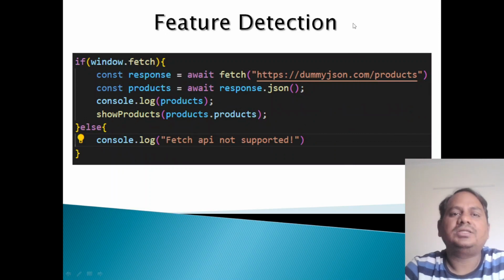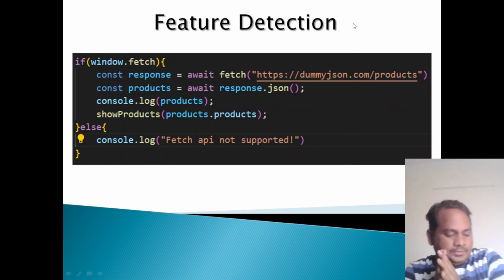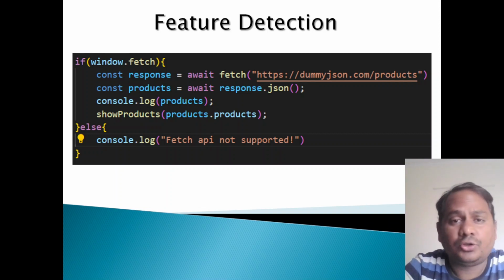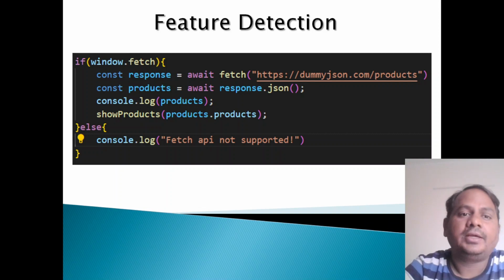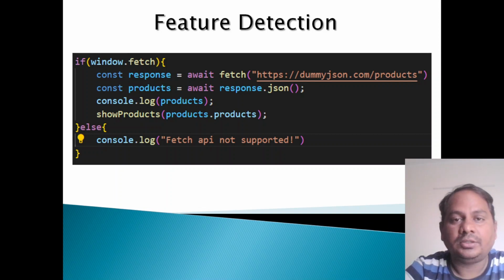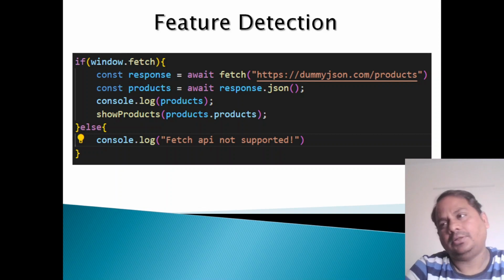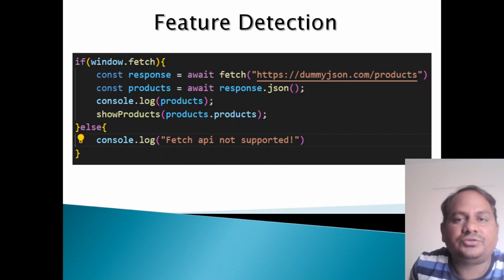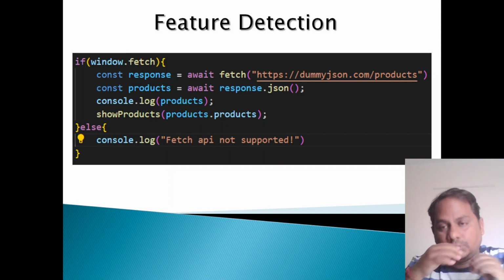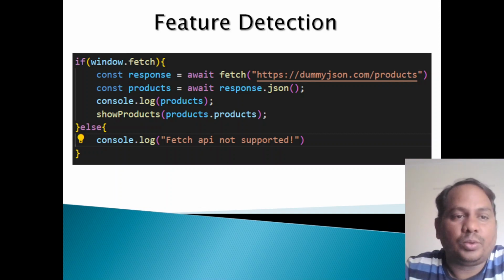Feature detection. What this feature detection means is, although this fetch API is supported by almost all the modern browsers, maybe if you are working on some older API and you are not sure about the browser which is going to be used, maybe an old browser, you can tackle that this way.